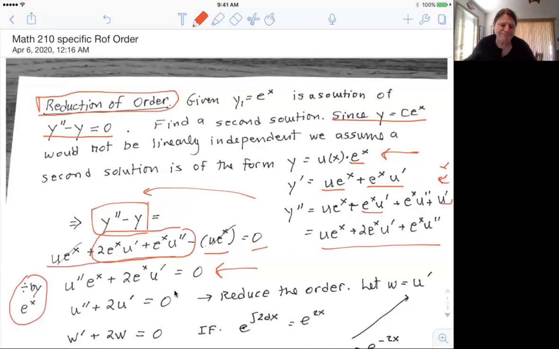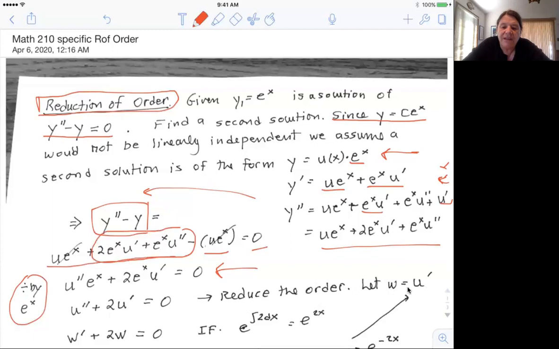What I see there, guys, is something that's second order, and it's got easy coefficients. It's got 1 and 2. And here's where the term reduction of order comes in. Reduction of order, I'm going to make a substitution to reduce the order of this thing.